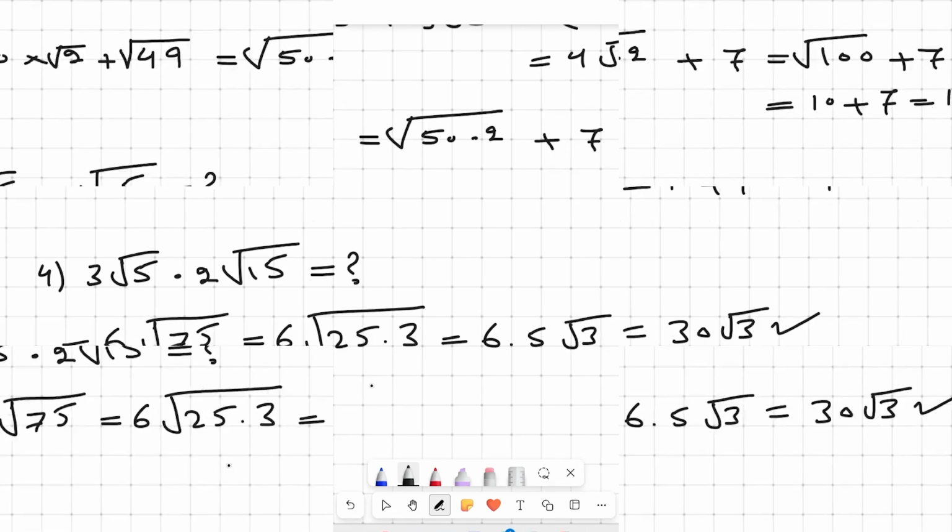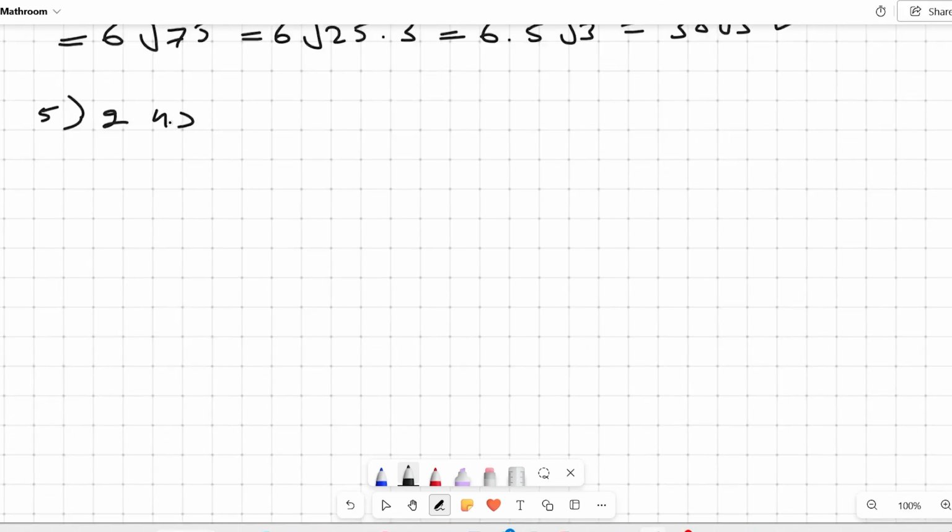Question number 5. 2 times the square root of 45 plus 3 times the square root of 20 minus the square root of 125 is equal to what?